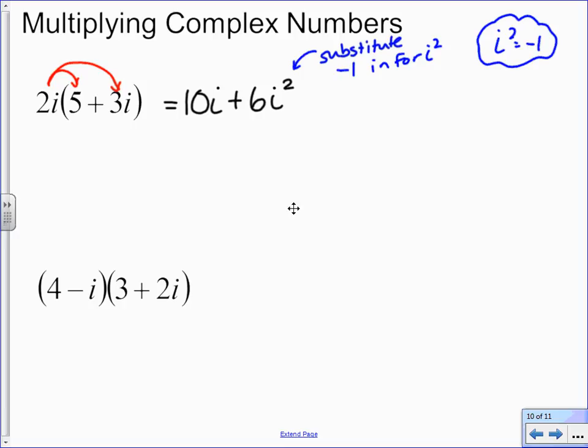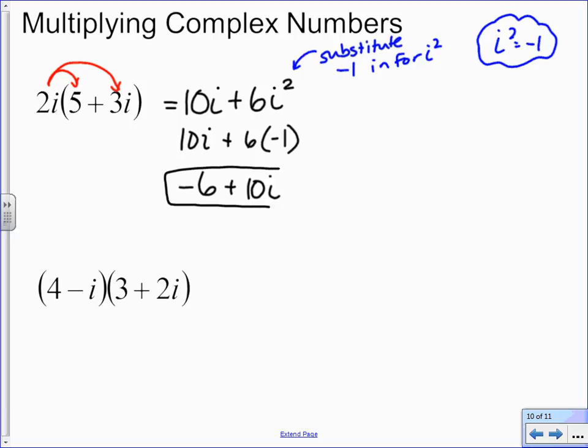So this is going to be 10i plus 6 times -1. We'd rather see a real number of -1 than an i squared. And I'll write my final answer in standard form. So when I multiply 6 times -1, that's going to be -6. It's going to be in the front. And then plus 10i is going to come behind it.